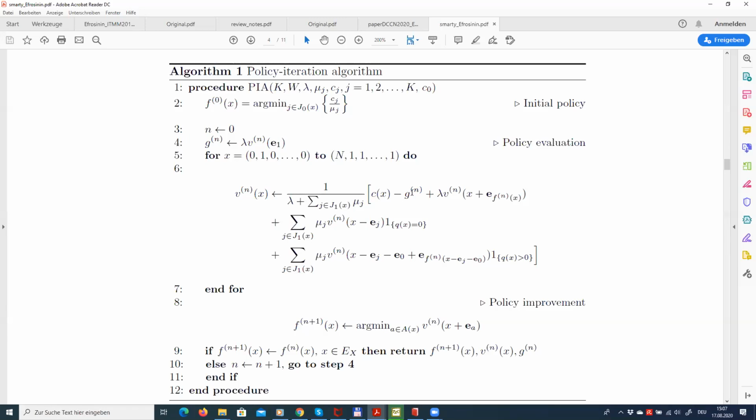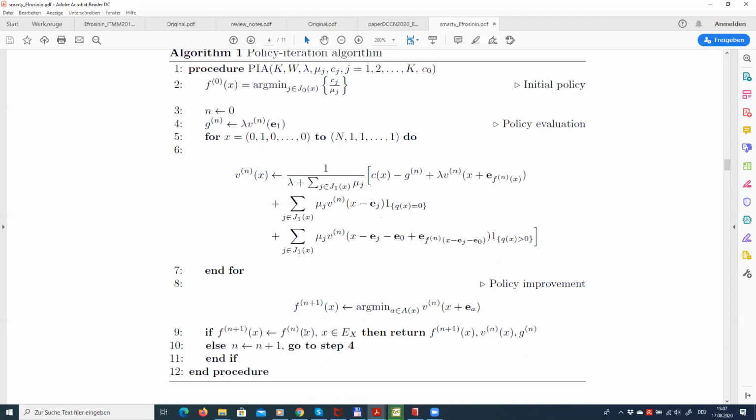Then at the next stage, we can improve this initial policy and find a policy for which this average cost will be lower. And then we compare the policies. If they coincide, we say that we have found the optimal policy.